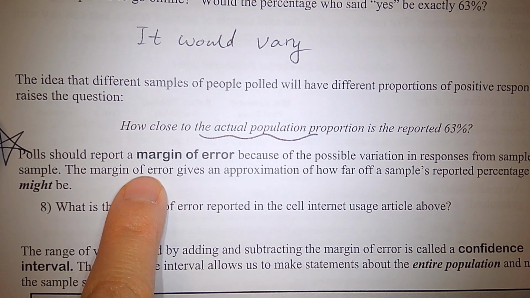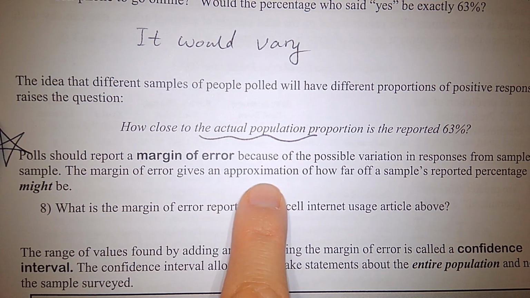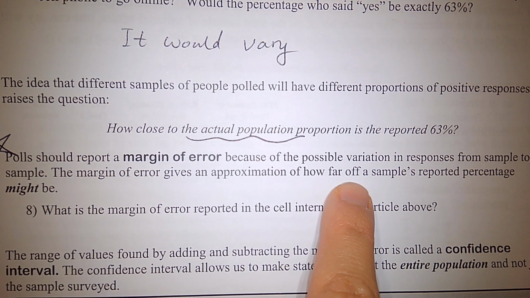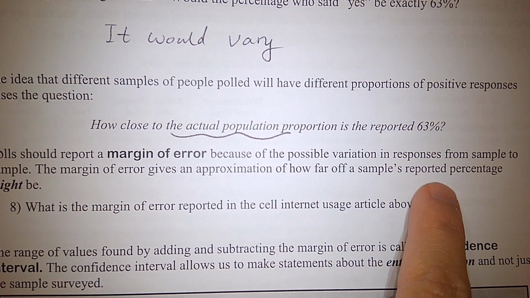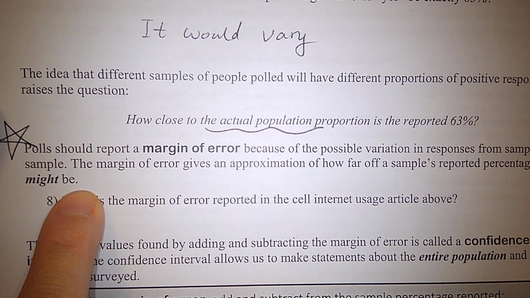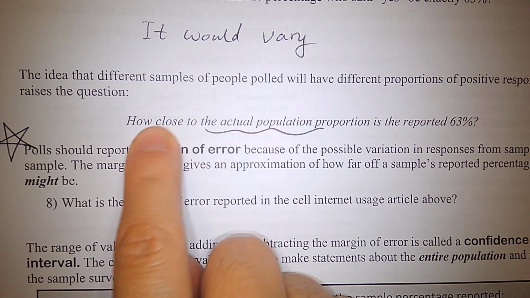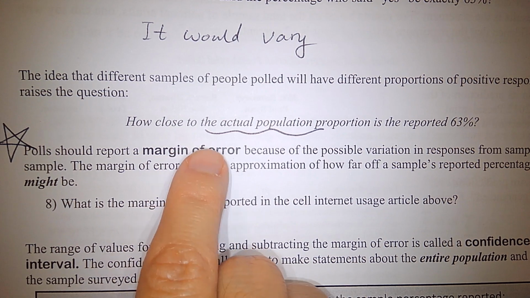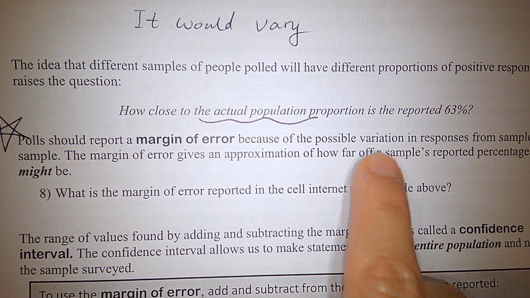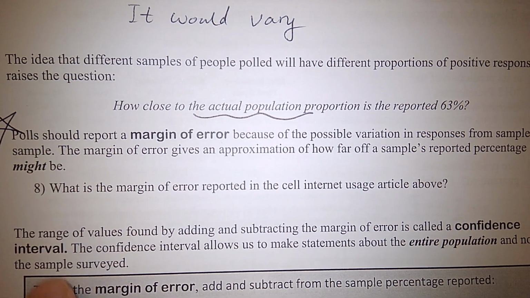The margin of error gives an approximation of how far off a sample's reported percentage might be. So not every time 63%; we must have a margin of error.